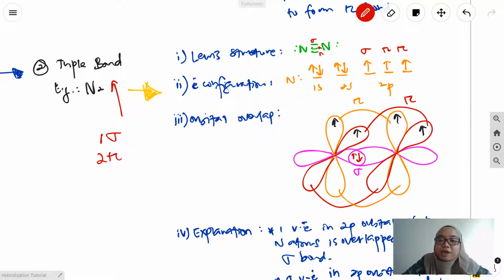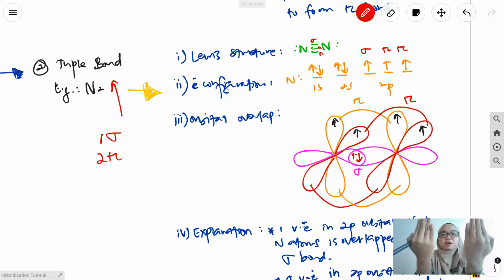And then for the other 2p orbitals, when you want to do the side-by-side or sideways overlapping, make sure that the orientation of the p orbitals is the same. If the p orbital is drawn vertically, then both must be vertical.